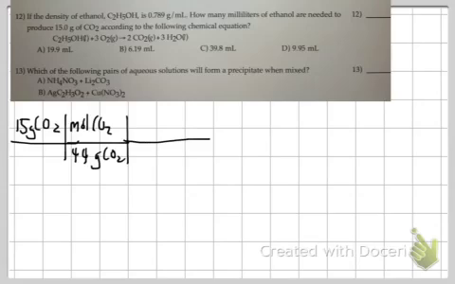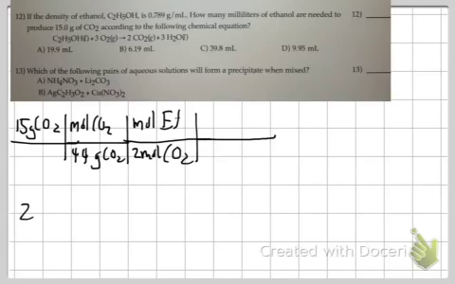So then mole ethanol, I'm just putting ET for ethanol, I don't feel like writing them out. Mole ethanol, 2 and 2 mole CO2. So ethanol's molecular weight, 2 times 12 for carbon, plus 6 times 1 for hydrogen, plus 1 times 16 for oxygen.